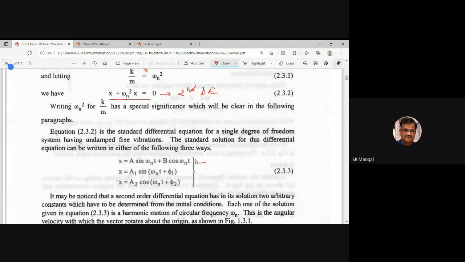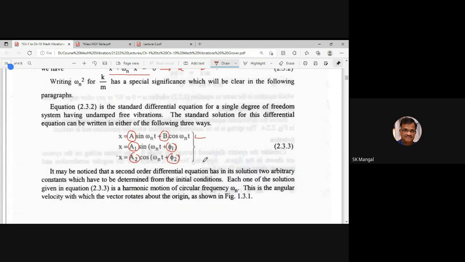In all three equations, you are getting two unknown variables: in this a and b, in this a1 and phi 1, in this a2 and phi 2. These coefficients need to be evaluated, and for that purpose we have initial conditions. As the name indicates, these are the conditions which are defined at t is equal to 0.